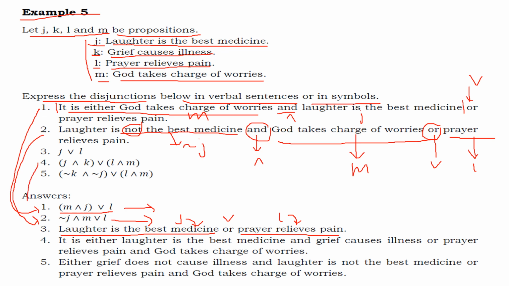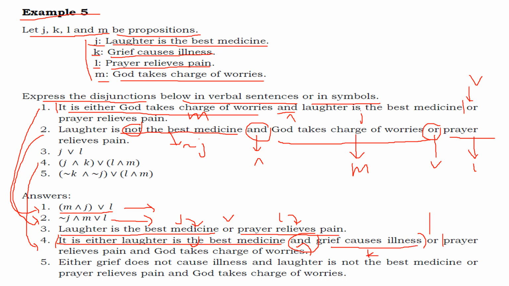And for number 4, as you can see here, there is a parenthesis. It is either, so we put a parenthesis before and after the or. For the first one, it is either laughter is the best medicine, so this will be your J. And this one will serve as your conjunction N, because there is a conjunction here. And grief causes illness, so grief causes illness will serve as your K here.